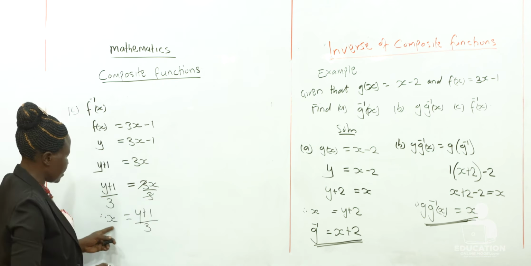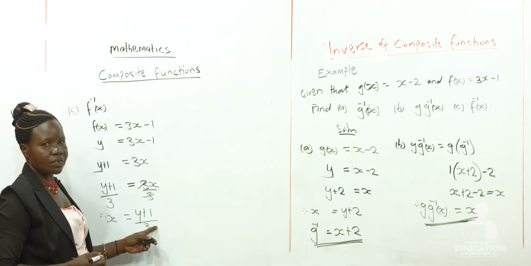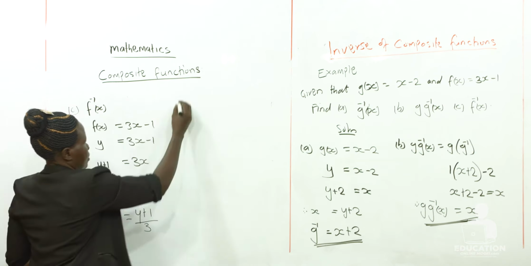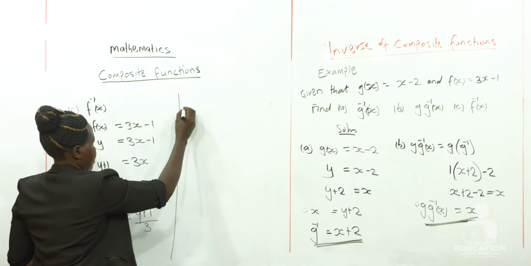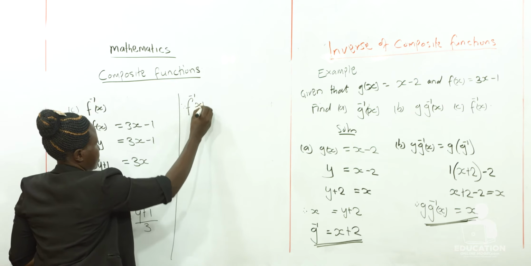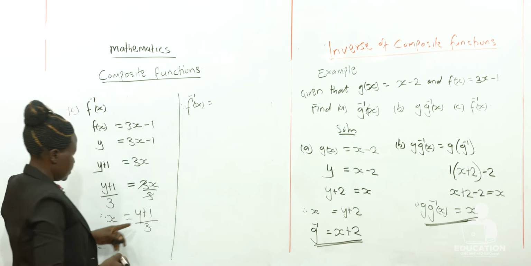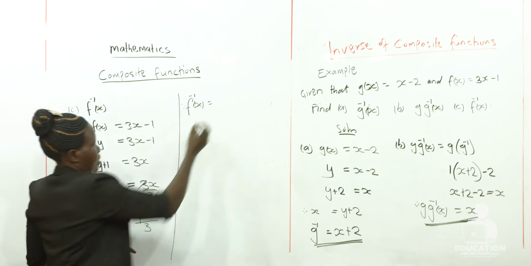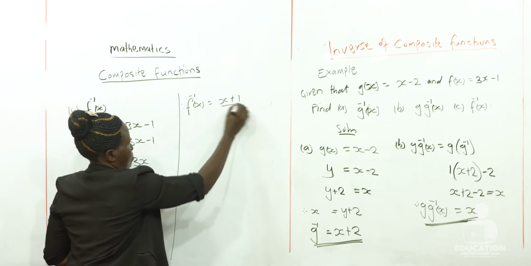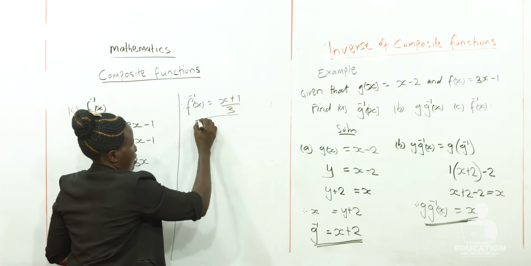So in this level is where you are going to rewrite what we call the inverse of the function. So you will now come and say, therefore, the inverse of f of x equals, substituting y with x, x plus 1 over 3 as your answer.